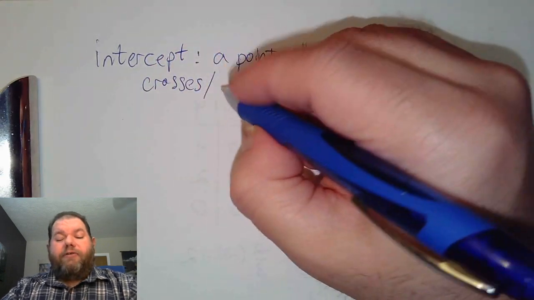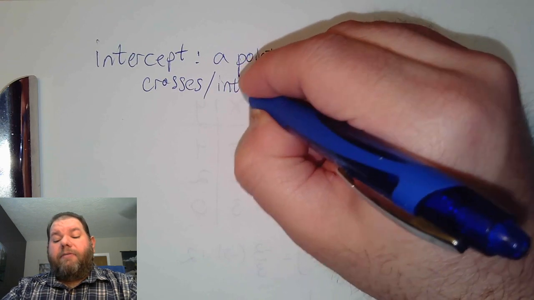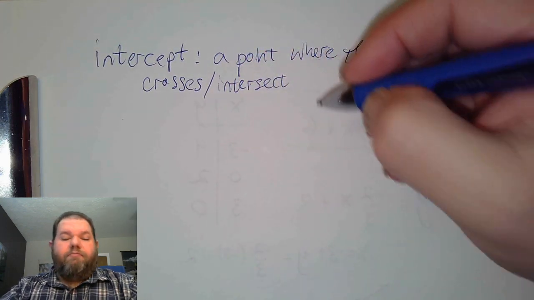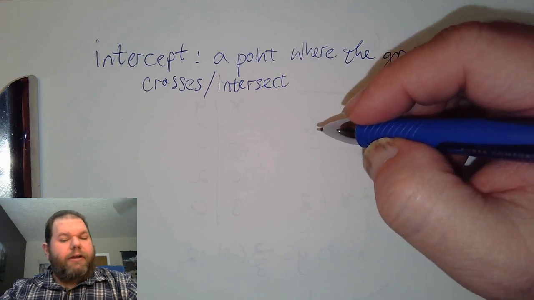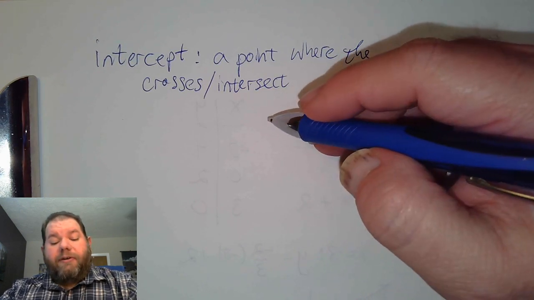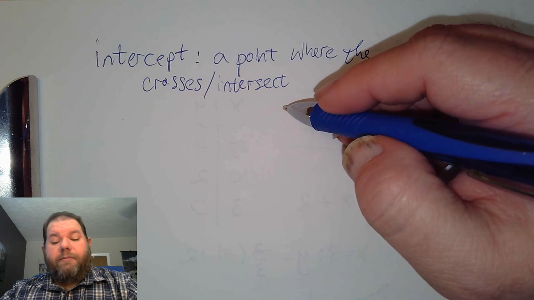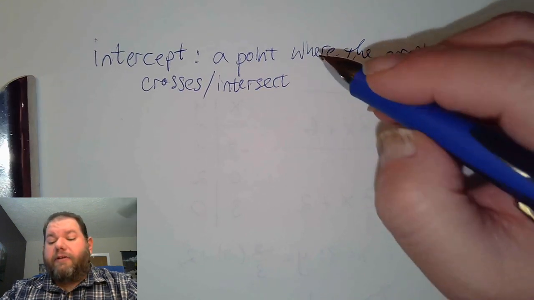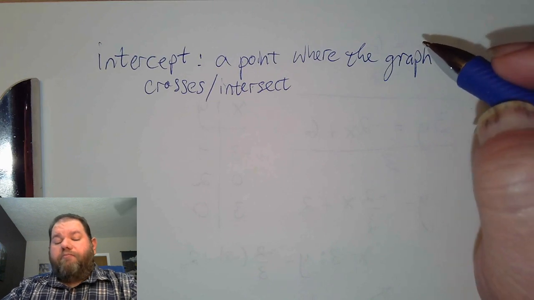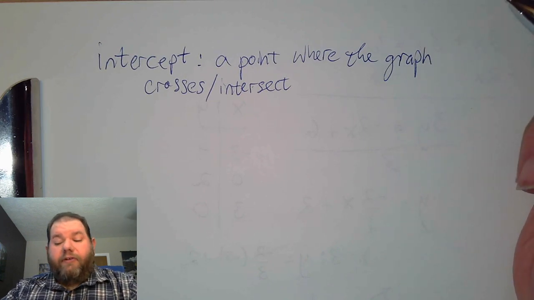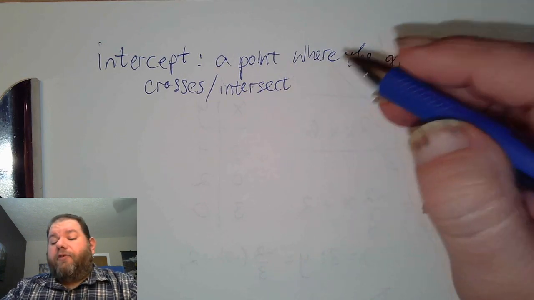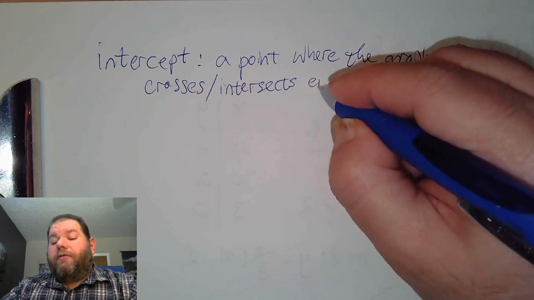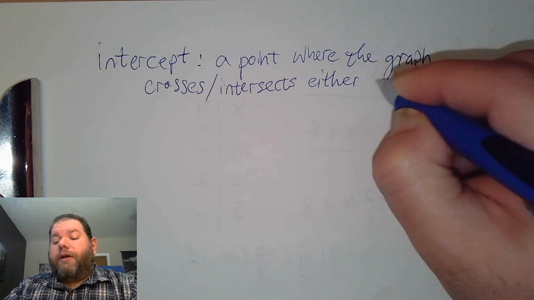Now, not necessarily crosses, it could just intersect, depending on the shape of the graph. If it's something besides a line, there are going to be times it only intersects the axis but doesn't cross, and that's something more specific for a different class. Anytime we deal with lines, they're going to cross the axis. So an intercept is a point where the graph crosses or intersects either the x or y axis.